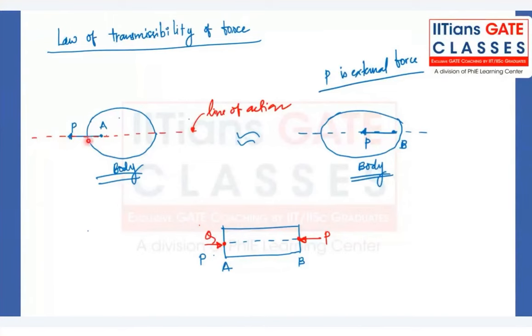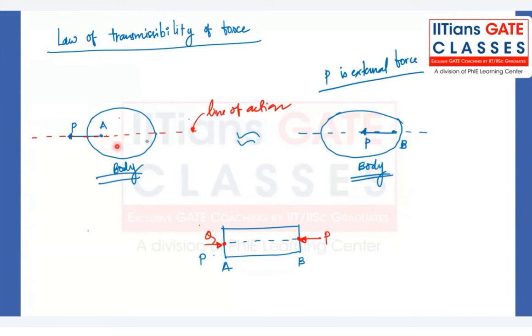So now, what is this law of transmissibility of force? This law states that if a rigid body is there, the state of the body will remain unaltered or unaffected if the force acting on the body is replaced by another force having the same magnitude and direction but acting anywhere on the body along the same line of action.